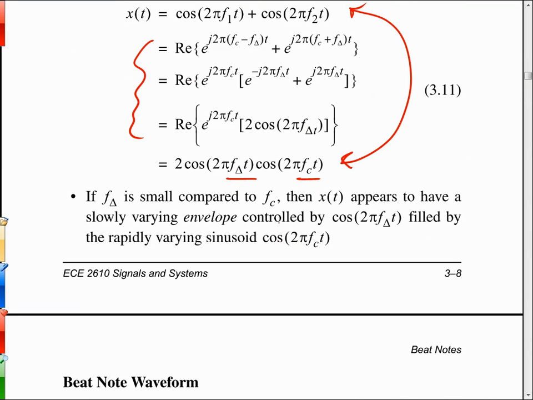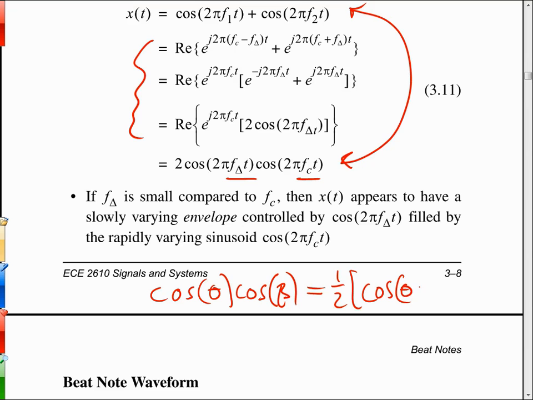If you have cosine of theta times cosine of beta, some of you probably have this in your memory banks, it's 1/2 cosine of theta plus beta plus cosine of theta minus beta.